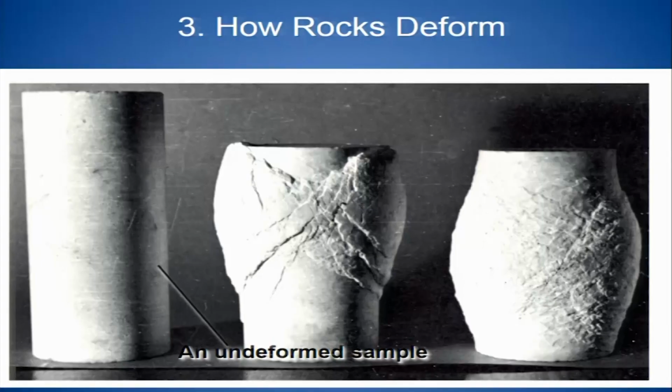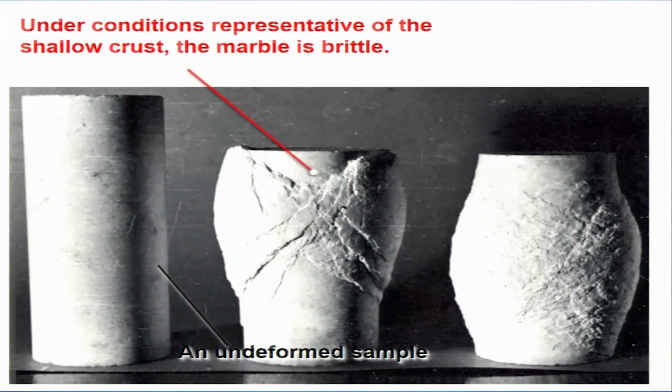This is another basic example which we usually see: if you take a rock cylinder, it will behave differently in different environments. For example, under conditions which represent the shallow crust, you will have brittle deformation.